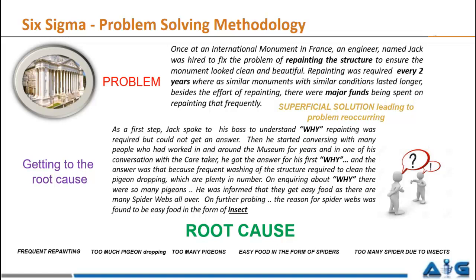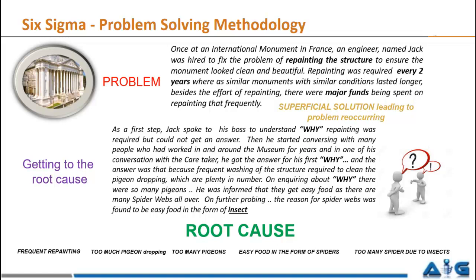And now that the paint was redone, it lasted for greater than 3.5 years. So instead of superficially attending to the problem, that is repainting it every time, Jack worked at identifying the root cause of the problem. And fixing the root cause led to a permanent solution to the repainting problem.